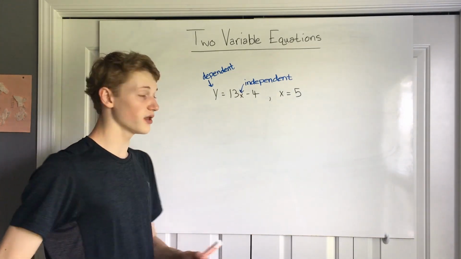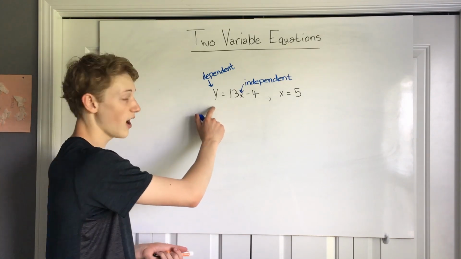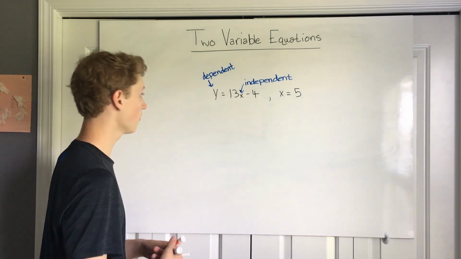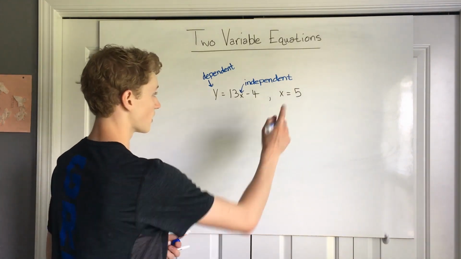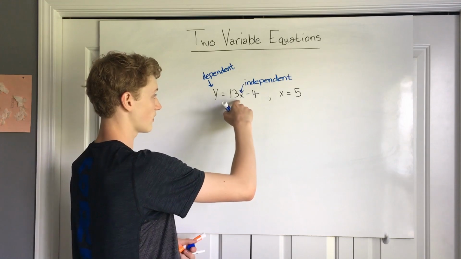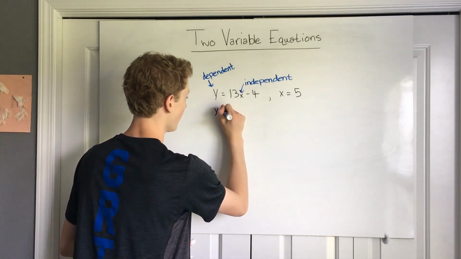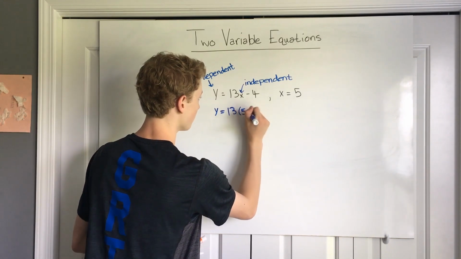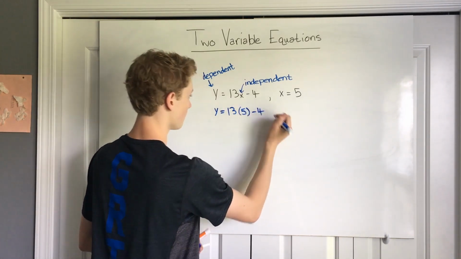Because we have it set equal to a number, so we're going to see what y equals when we pick what x is. So, let's substitute 5 in for x, because we know x equals 5, so we're going to say y equals 13 times 5 minus 4.